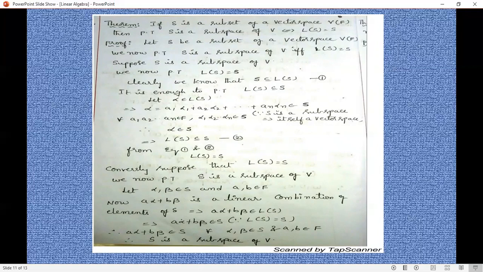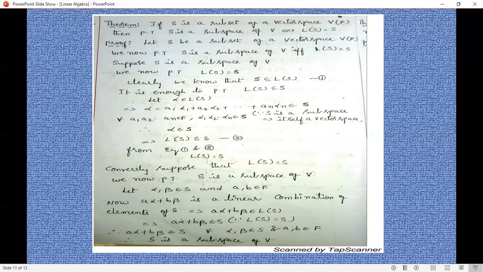Alpha belongs to L of S, and L of S is a linear span. Therefore, alpha equals a1 alpha 1 plus a2 alpha 2 plus so on plus an alpha n. Observe that a1 alpha 1, a2 alpha 2, so on an alpha n belong to S. Listen carefully. We are saying that a1 alpha 1 to an alpha n belong to S because S is a subspace, which implies by itself a vector space.